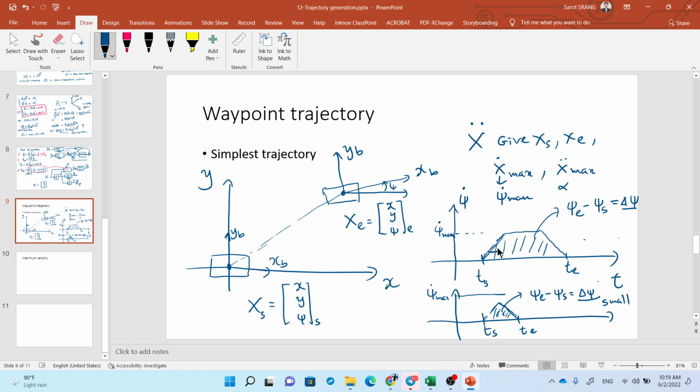Alpha would be the slope. And this is psi dot max, or you can name it by another parameter, that's fine. And the slope here is minus alpha.